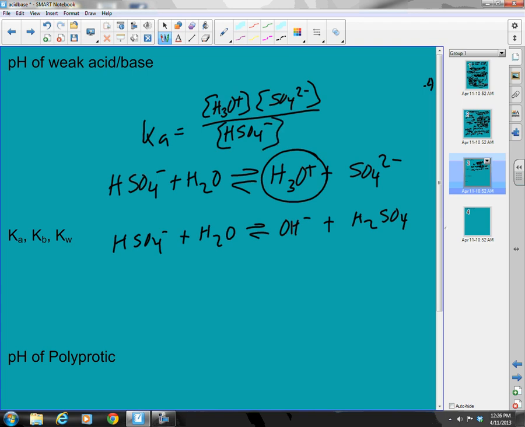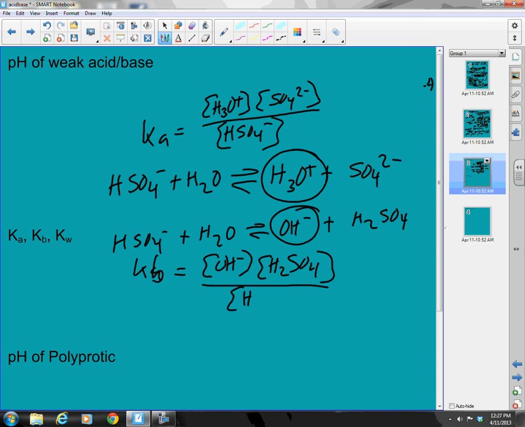That's my Ka. For me to have a Kb, I must make hydroxide. So my Kb is equal to the concentration of hydroxide times the concentration of sulfuric acid over the concentration of hydrogen sulfate.